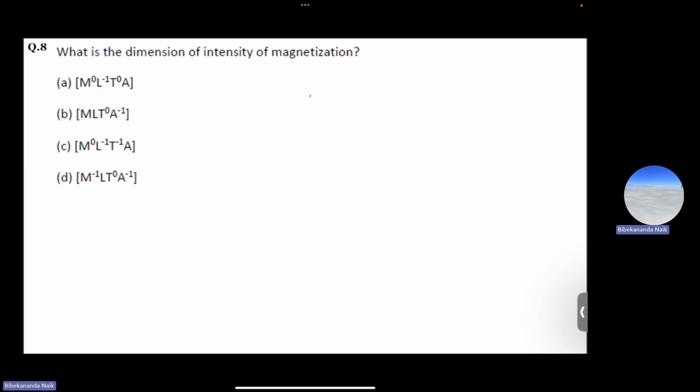So intensity of magnetization, that is M, is given as magnetic moment per unit volume.